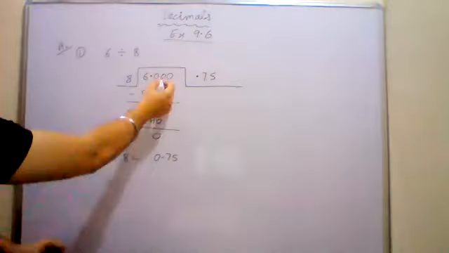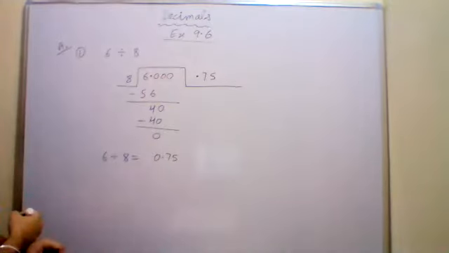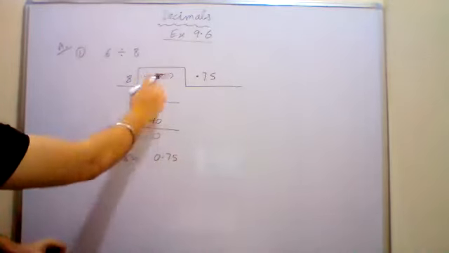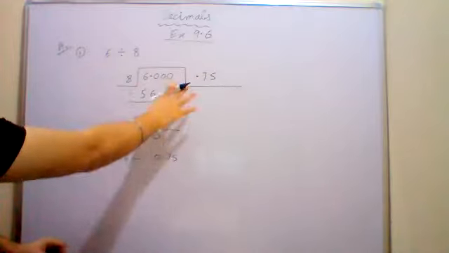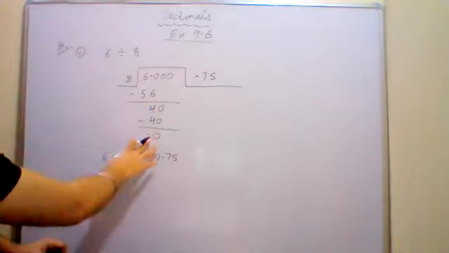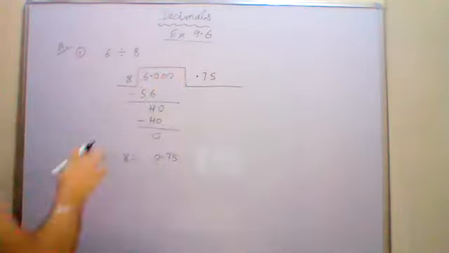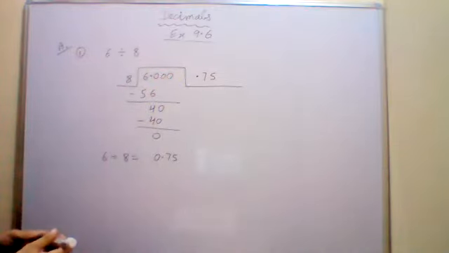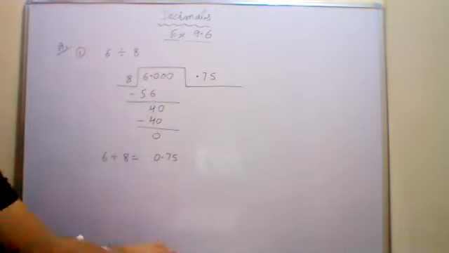So from here I have copied this zero. 6.000. You can add as many zeros as you want after the decimal. Okay? Got it? Very simple concept.